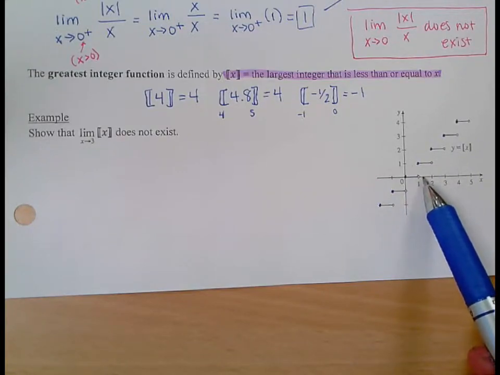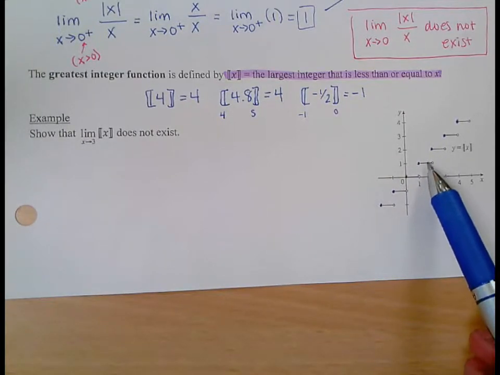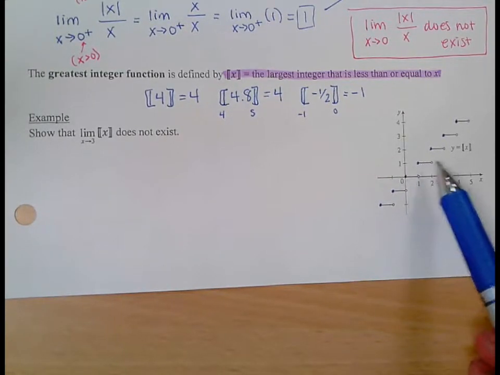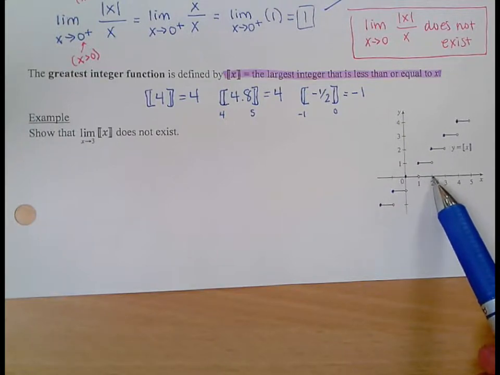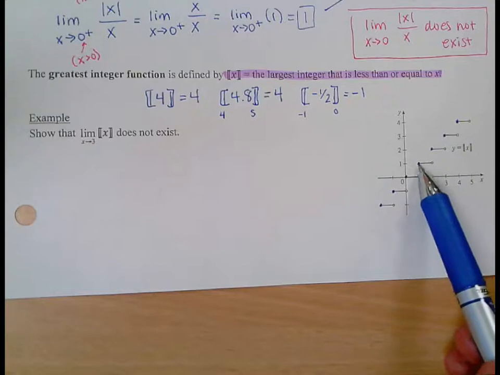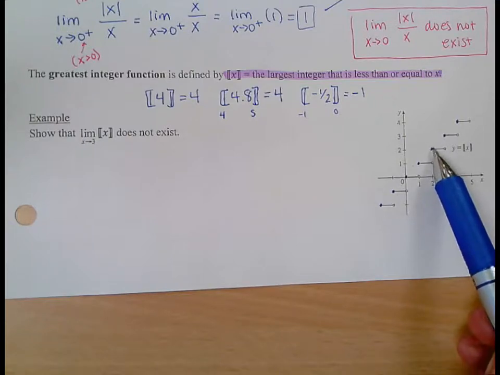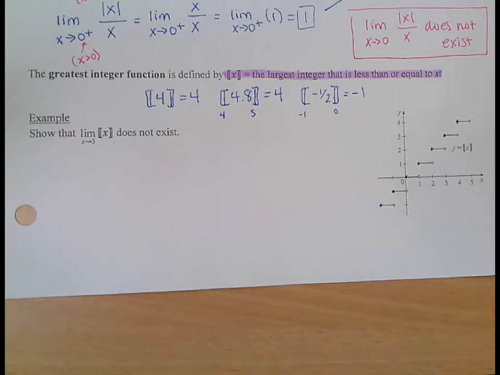If I substitute in 1.25, that still rounds down to 1, and 1.5 still rounds down to 1, all the way up until 2, when the y value jumps to 2. That's why there's a short line segment over to when x is 2. It has an open circle since when x is 2, it doesn't equal 1 anymore. It now jumps up to a different y value.